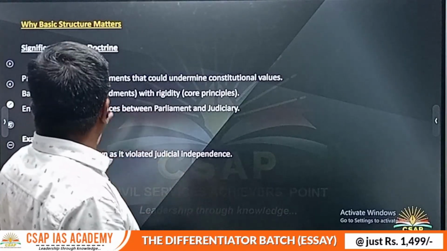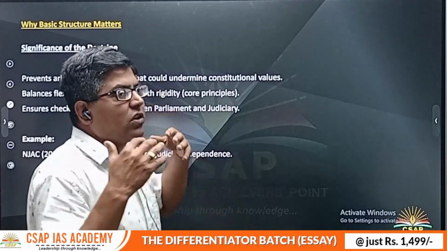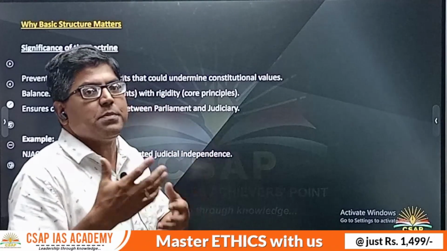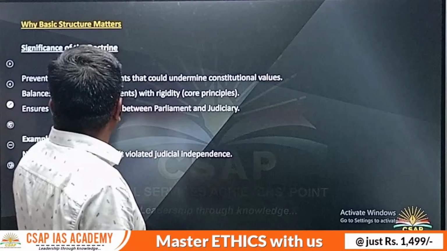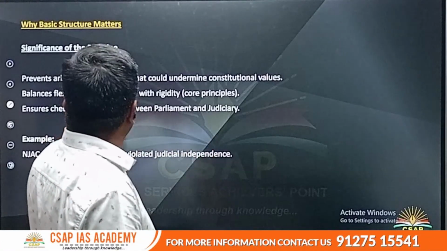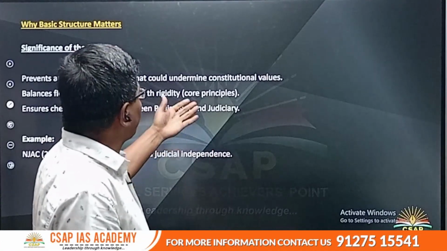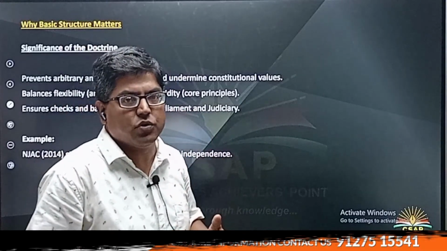So basically then we find, what does this doctrine do? What is the role of this basic structure doctrine? We find that this basic structure doctrine prevents arbitrary amendments that could undermine constitutional values, right.